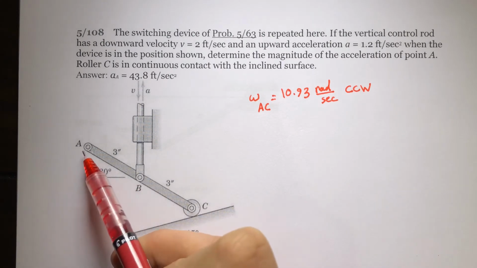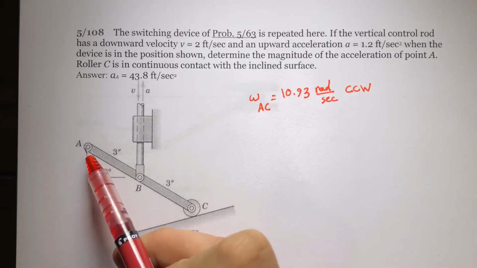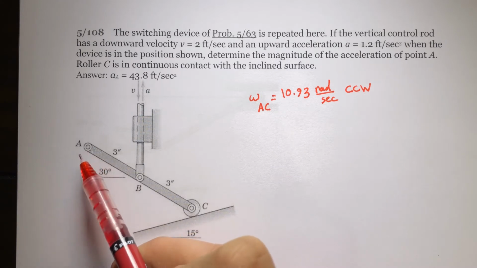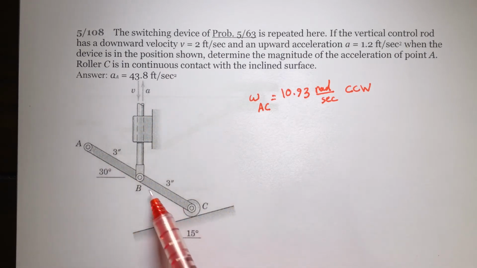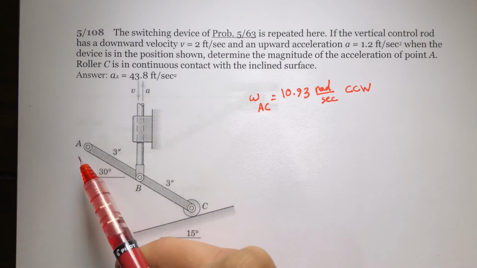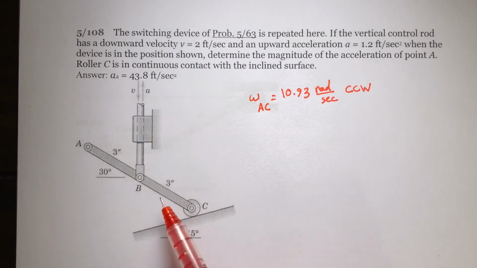Because acceleration of A is unknown, which means two unknowns, because it's a vector, we don't know the direction of this acceleration, we don't know the magnitude of it, so we have two unknowns here. And also alpha of this bar is going to show up in that equation too, so three unknowns.